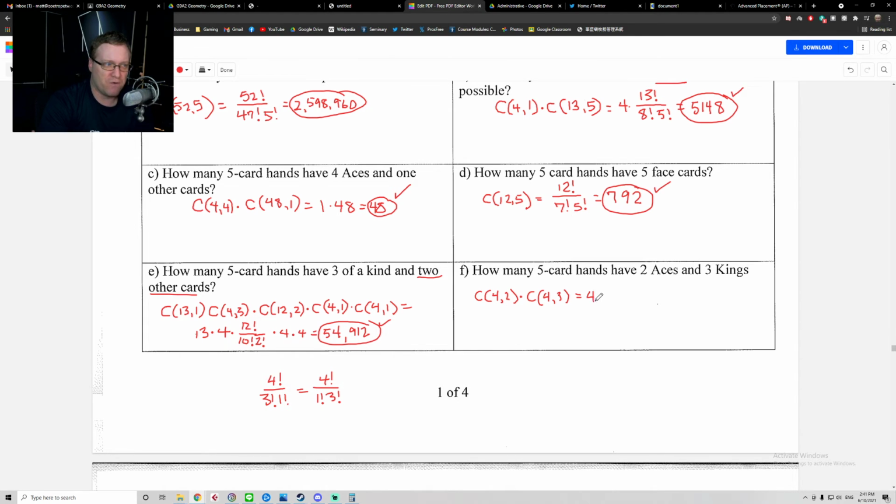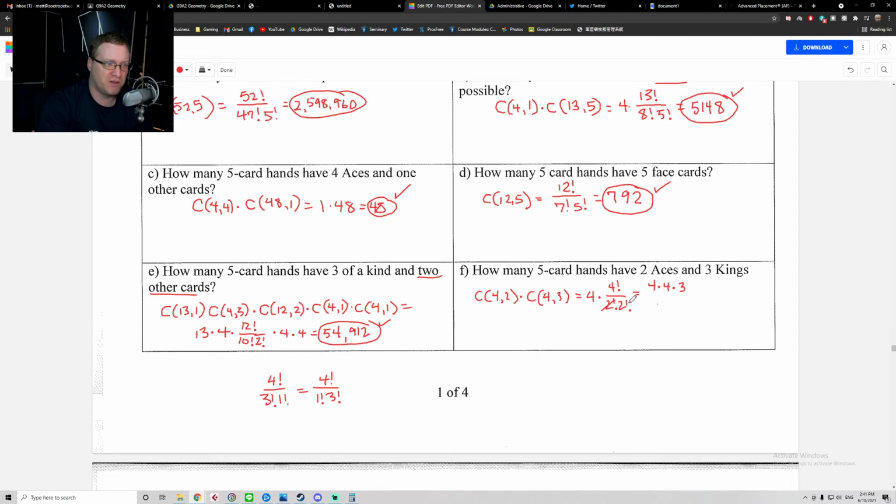So that's 4. And then this one, 4 choose 2, is going to be 4 factorial over 2 factorial times 2 factorial. Actually, we don't even need to do this, so it's going to be 4 times 3, because if we cancel that out, it's going to get rid of the 2 and the 1.